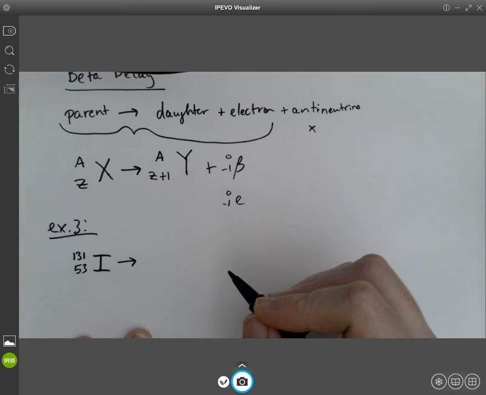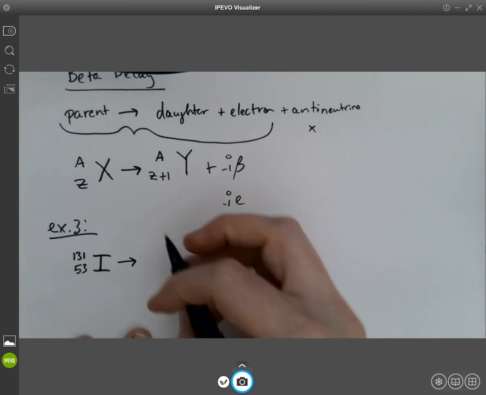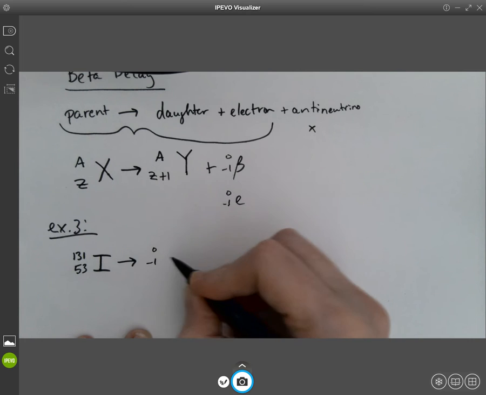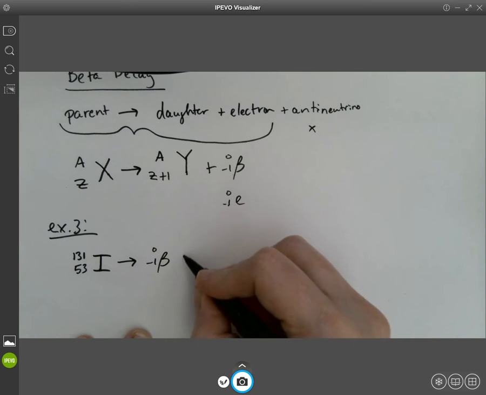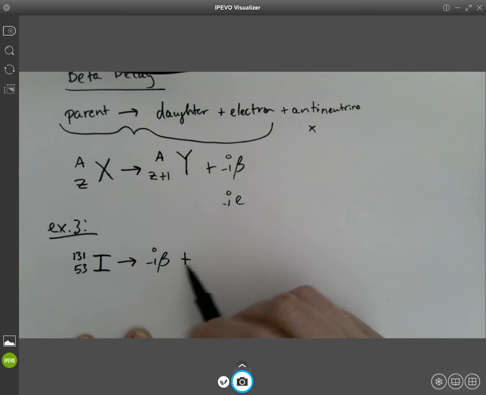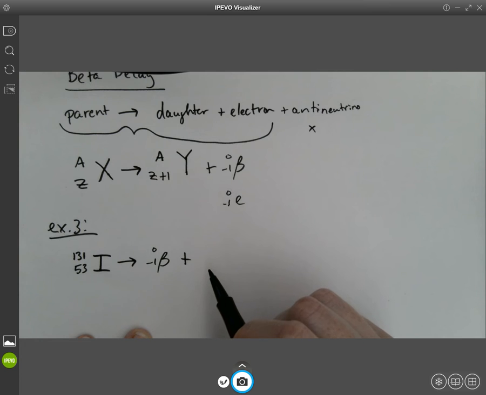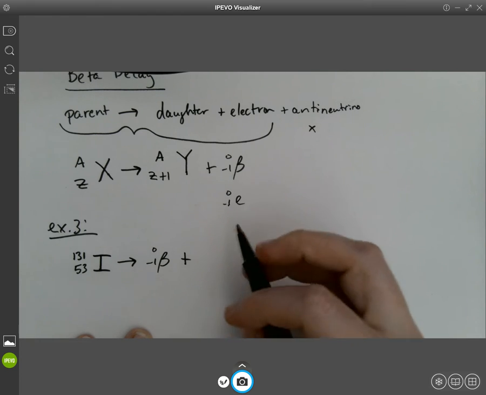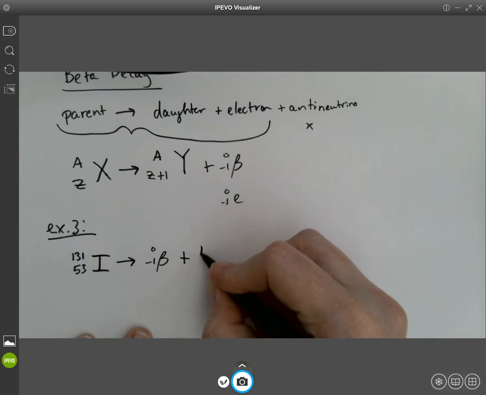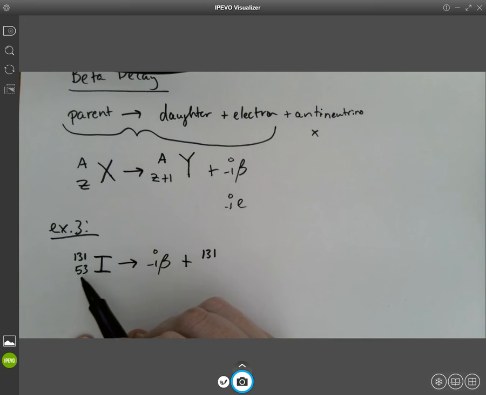I'm going to go ahead and write my beta particle first, so I don't forget it. Now for my daughter isotope, I need to have my atomic mass be the same, so that's still going to be 131. And then I also have my atomic number, which will be different.